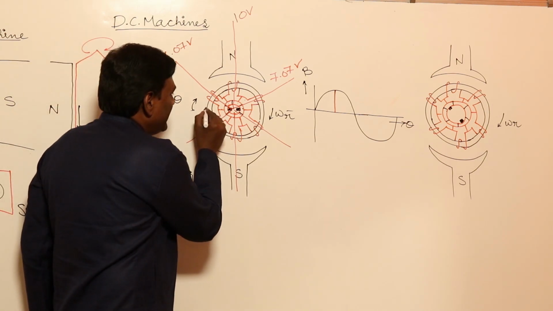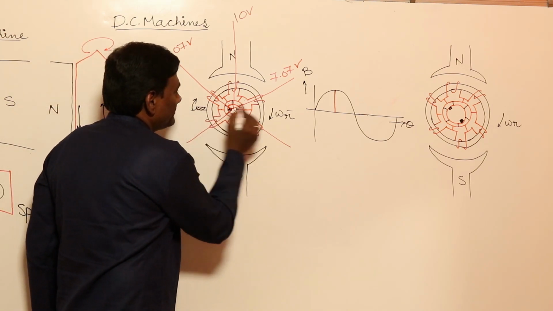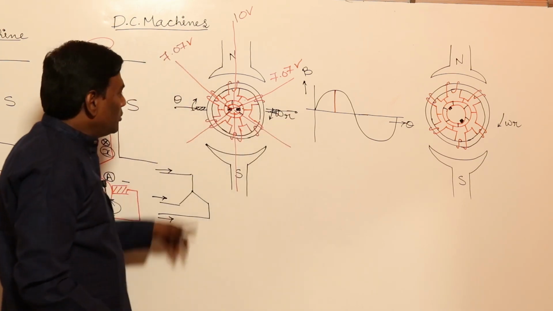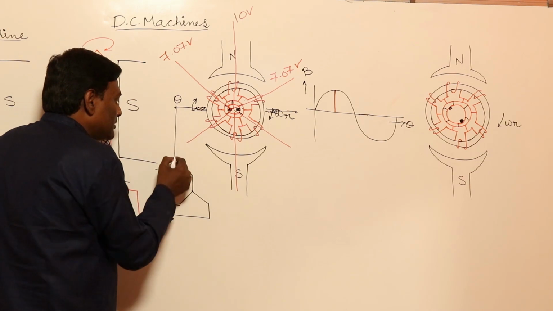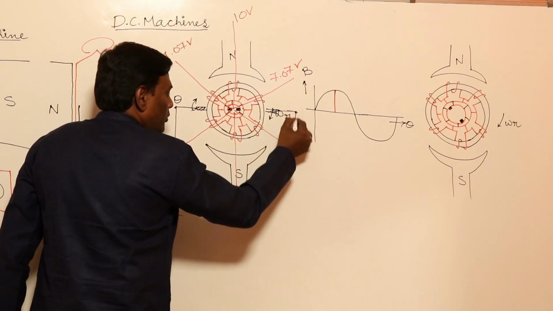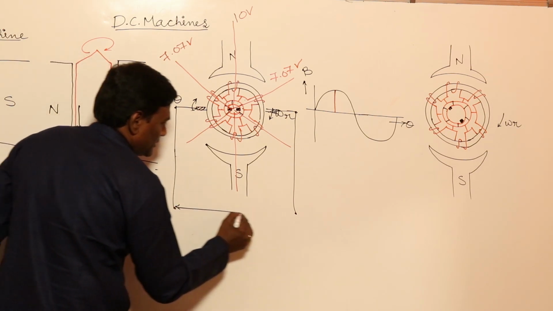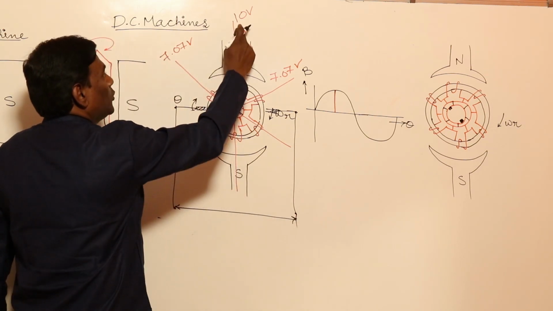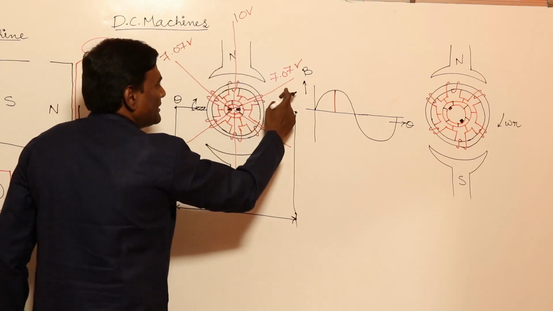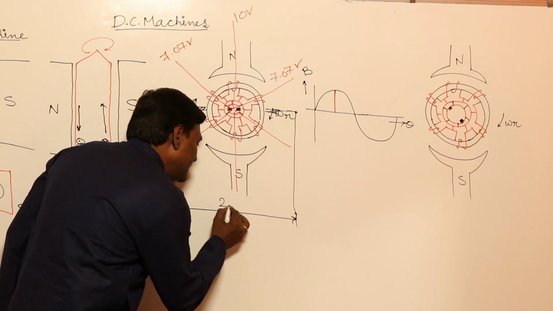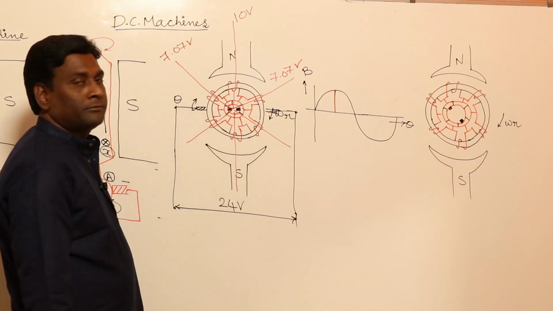And in between here, if I keep the brush, how much will be the output voltage across the brush? Output voltage is going to be 10 volts plus 7.07 plus 7.07, so roughly 14 volts plus 10 volts, roughly 24 volts will be there.